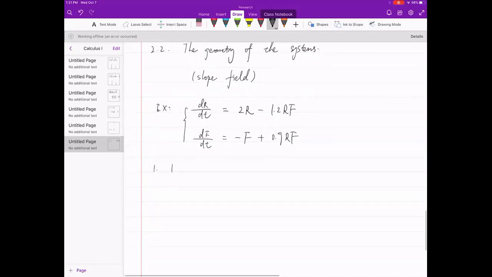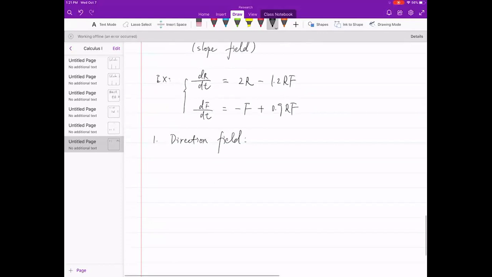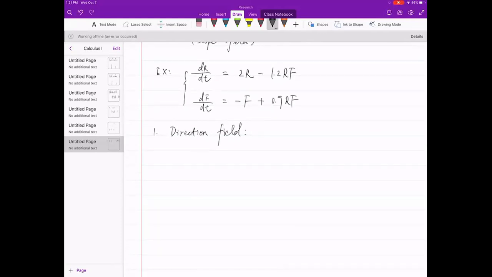The first thing we want to talk about is called the direction field, which is very similar to the slope field we had before. Let's take R equals 1, F equals 1, and plug it back into the right-hand side.